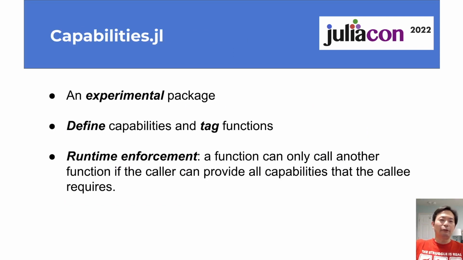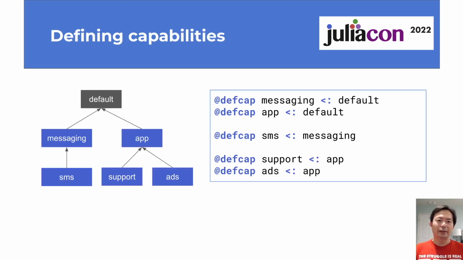Today I'll focus on capabilities more because I have an experimental package, and this package allows you to define capabilities and tag functions, as well as at runtime it does a privacy check to make sure that a function can call another function. Defining capabilities is actually quite simple, but rather than distinct labels, you can think of it as an abstract type hierarchy.